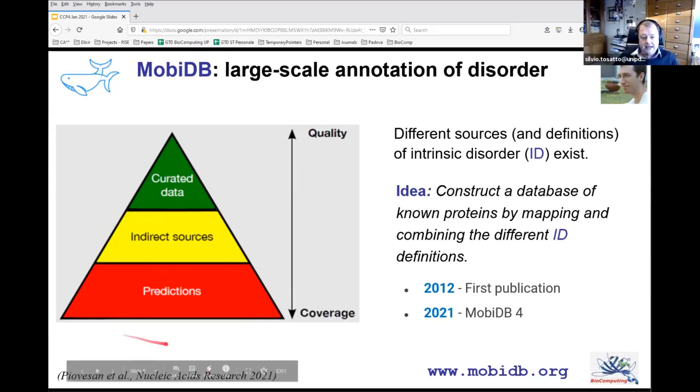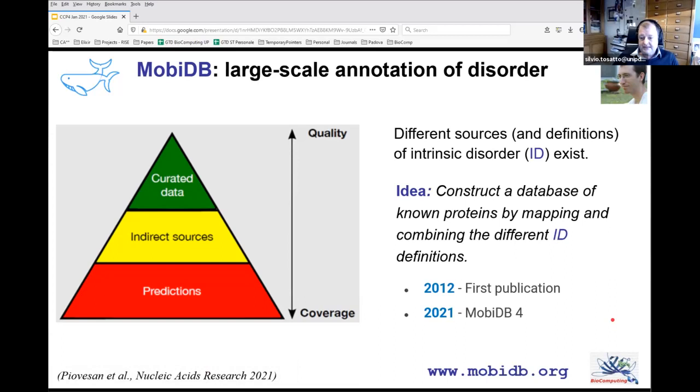And below that, you can have predictions, which of course have the lowest quality because these have to be validated, but you can run predictions if you have fast predictors for all of the known protein sequences. And this is what the bottom layer of this pyramid says. So in fact, we now have predictions for all known UniProt sequences.